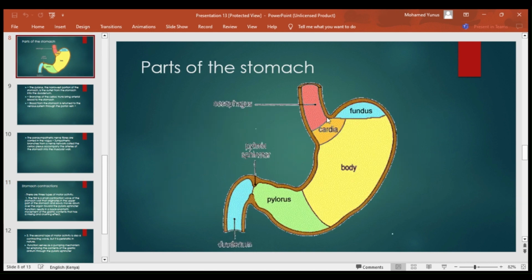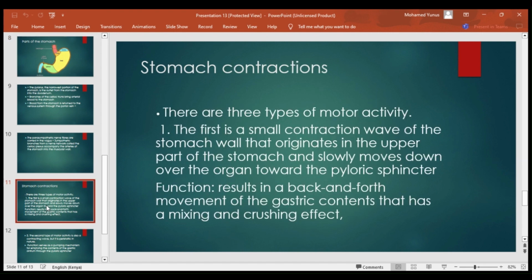If we check this over our diagram, that's where the first contraction starts, with the upper part of the stomach, and it goes towards the pyloric sphincter and into the duodenum. And what's the function of this first contraction? It results in the back and forth movement of the gastric content that has a mixing and crushing effect. This enables the formation of the chyme.